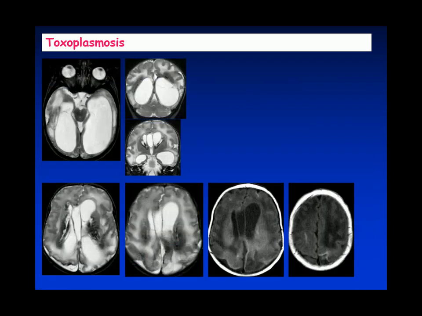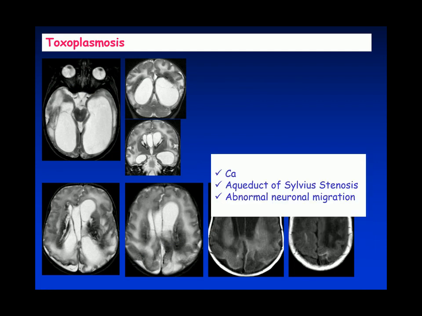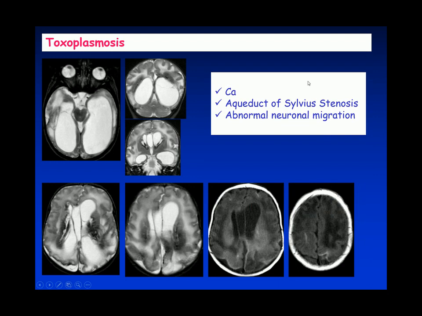Another case that was explored with MRI, and you see that there is huge dilatation of the ventricular system. You see this hydrocephalus, there is a cyst of the septum pellucidum, and if you see there at the posterior parts of the brain, the gyration pattern is completely abnormal.